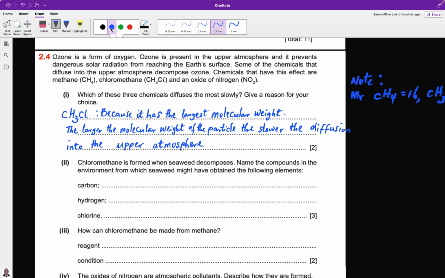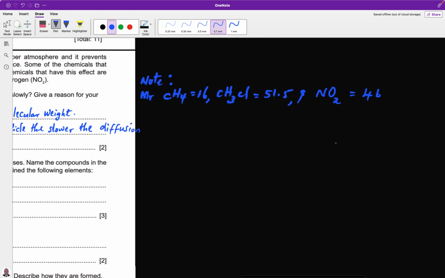Chemicals that have this effect are methane, chloromethane, and an oxide of nitrogen, that is nitrogen dioxide. Which of these three chemicals diffuses the most slowly? Give a reason.